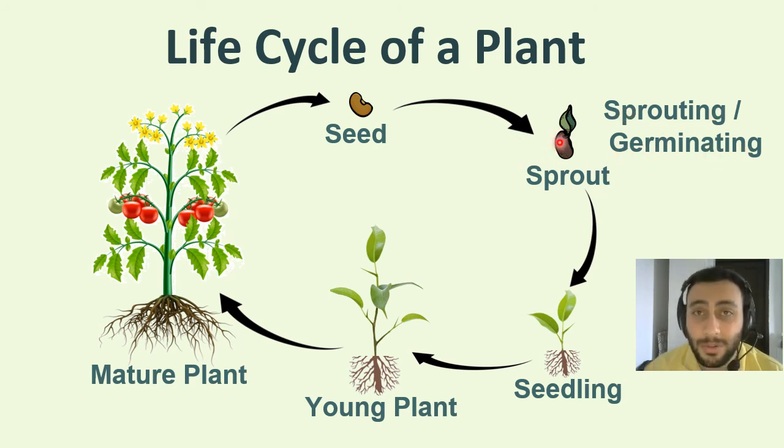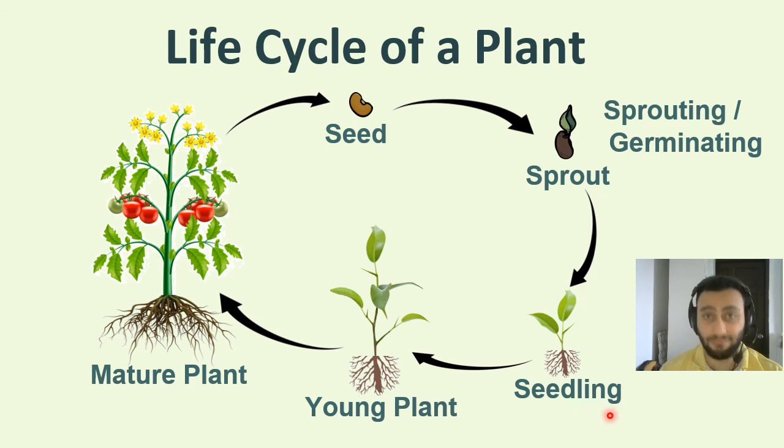Now this little guy is called a sprout. We like to eat sprout. It's yummy. Now the sprout grows bigger. See, it has more leaves now. And now it has a stem, it has roots, so we call this a seedling.